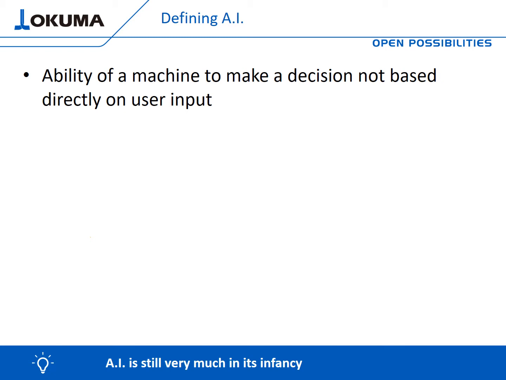It determines that based on a number of input sensors, right? Its own speed, the distance to the car in front, maybe a variety of other things as well.